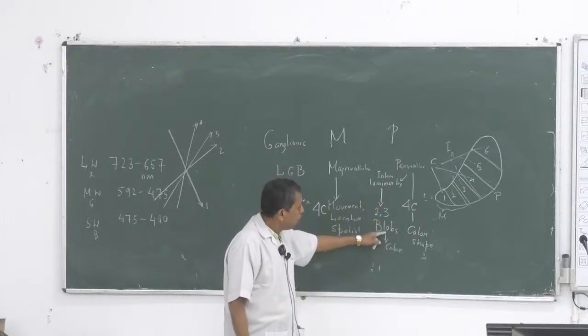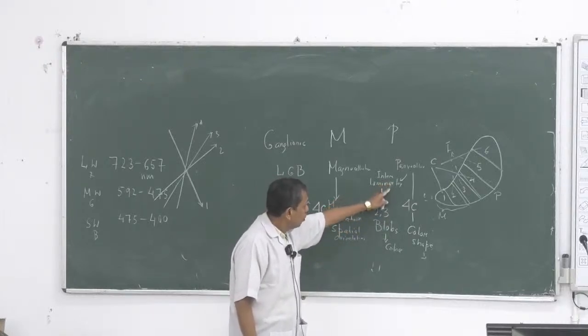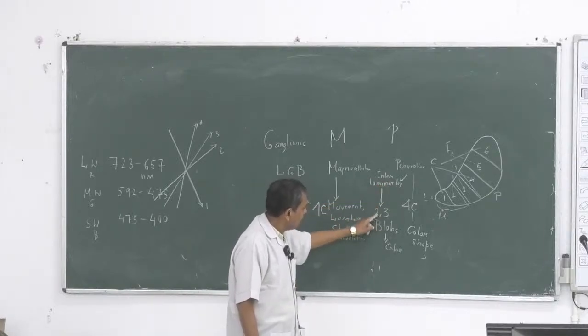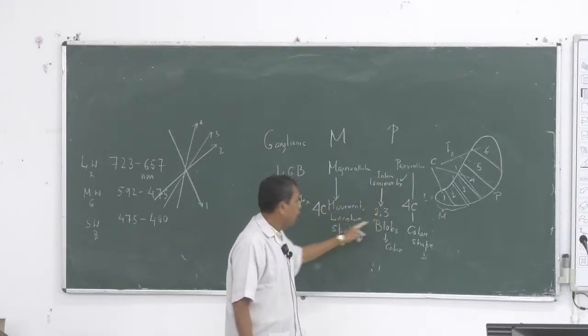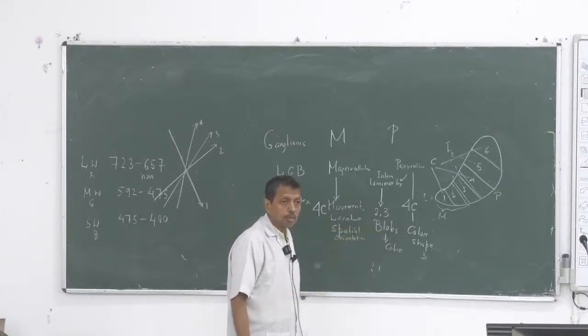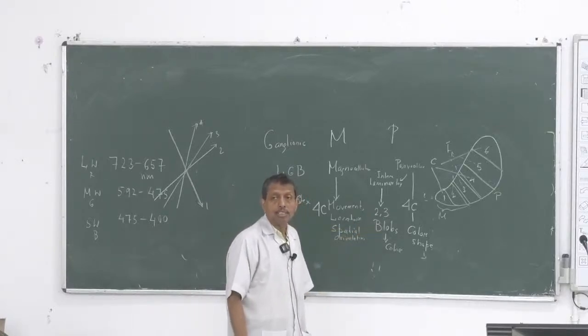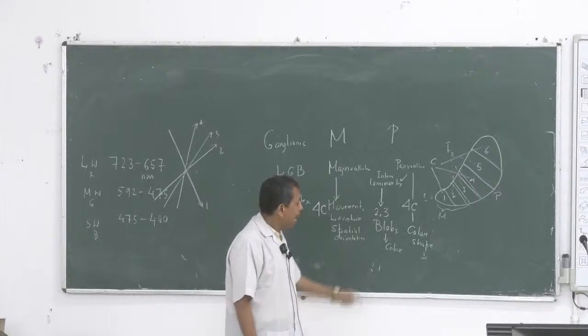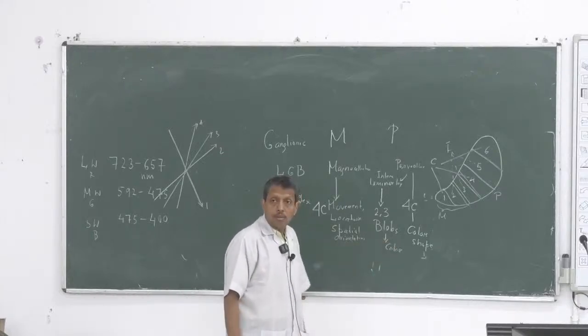And these blobs have connection with this interlaminar layer, and these cells end in layers 2 and 3 of the visual cortex, and they are called blobs, rich in cytochrome oxidase, and the color is sensed.